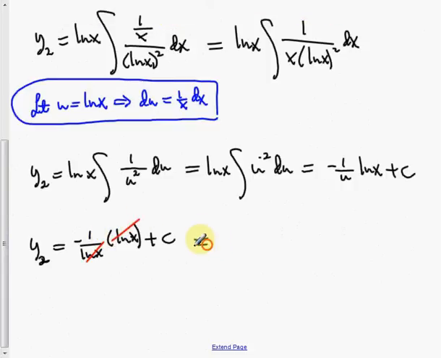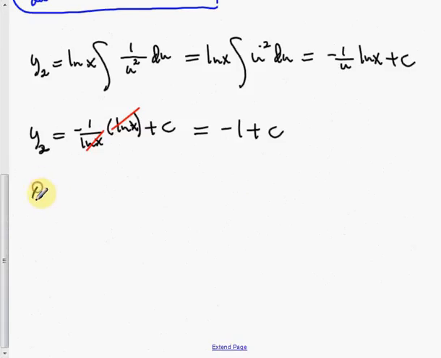So here I get negative 1 plus c. We take y sub 2 to equal what? 1. Because this negative picks up the c sub 1 or the c sub 2.